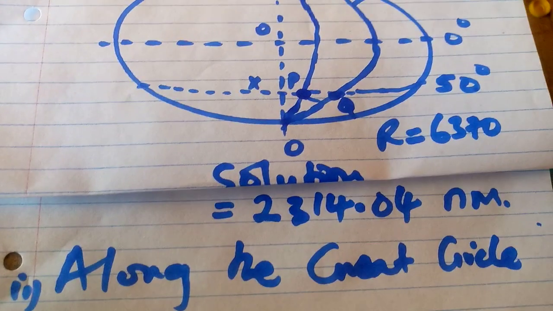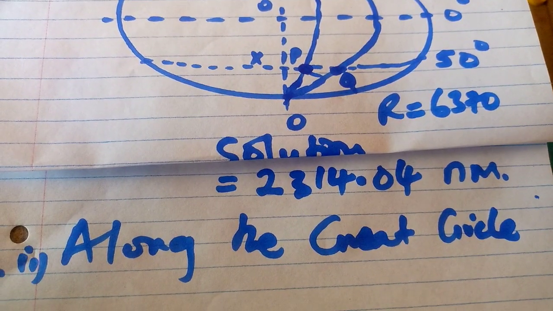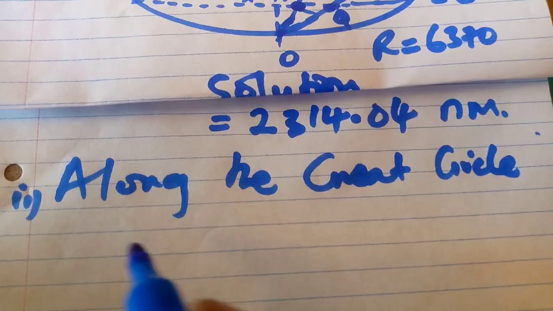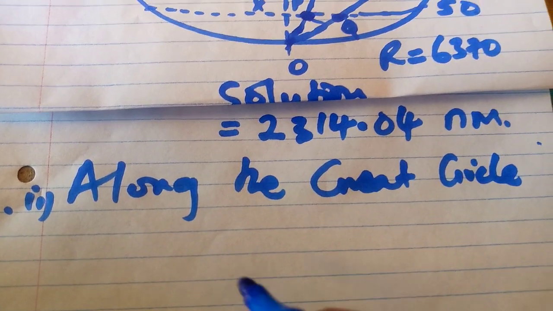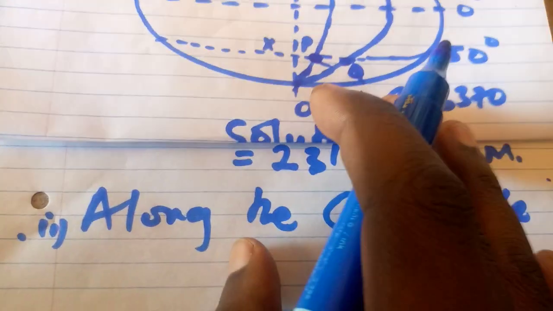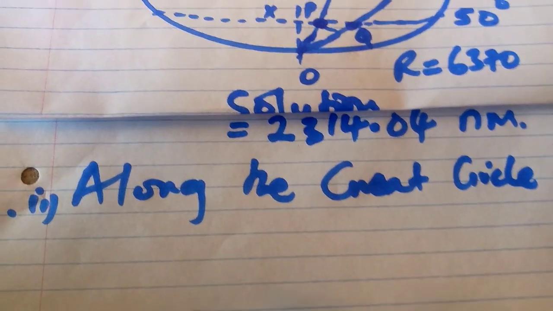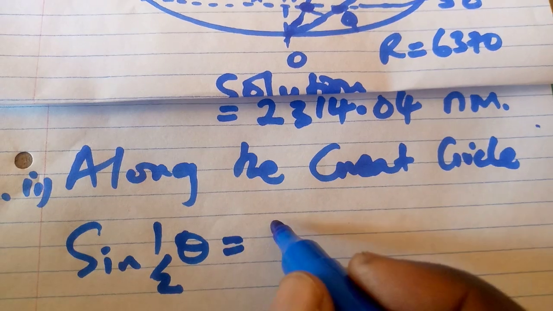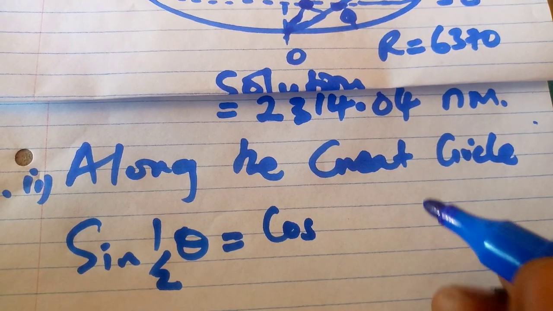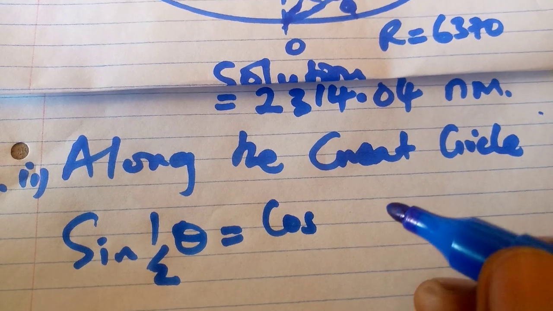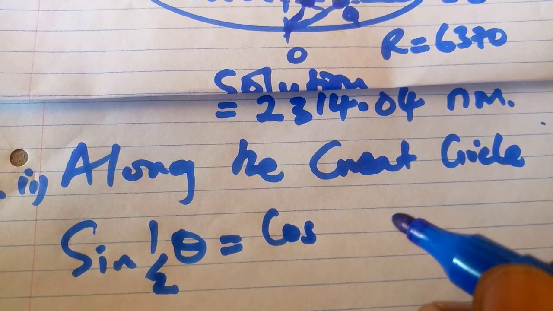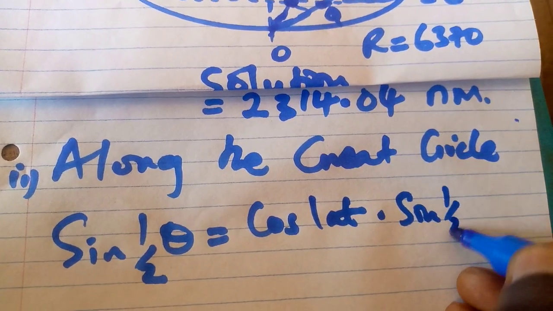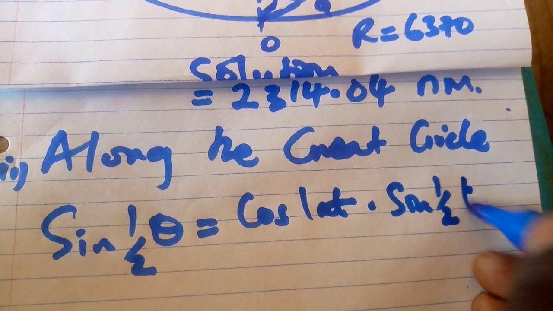It is forming a given sector there, and this formula will give me the answer very fast for the angle difference between them along the great circle. I'm going to use sine of half theta equals the cos of latitude difference multiplied by the sine of a half the longitude difference.